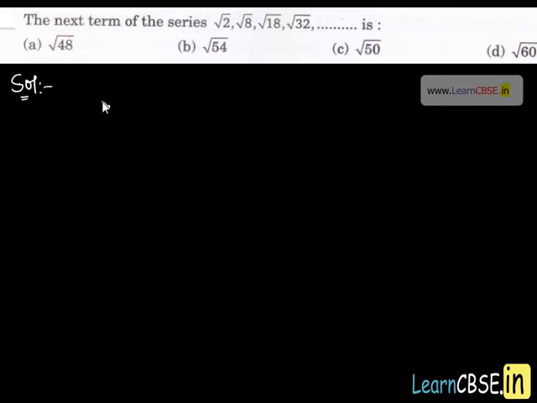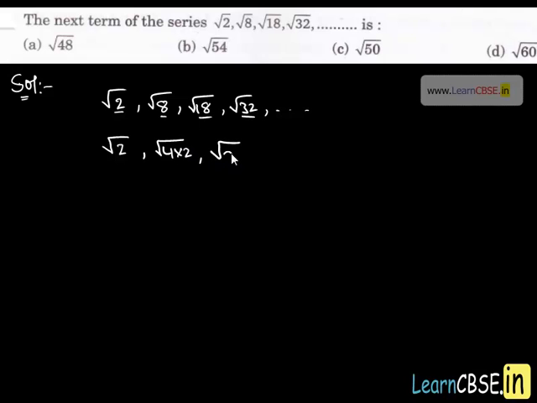Observe the given series root 2, root 8, root 18 and root 32. Here every number inside the square root is a multiple of 2. So we can rewrite the given series as root 2 and 4 times 2, that is 8, and 9 times 2, that is 18, and 16 times 2, that is 32.